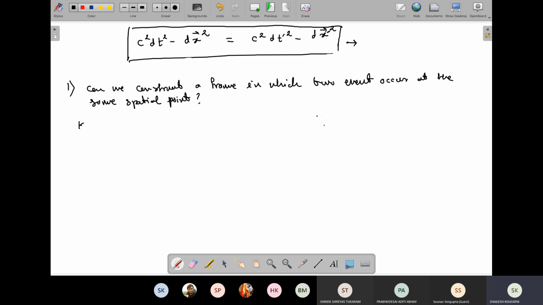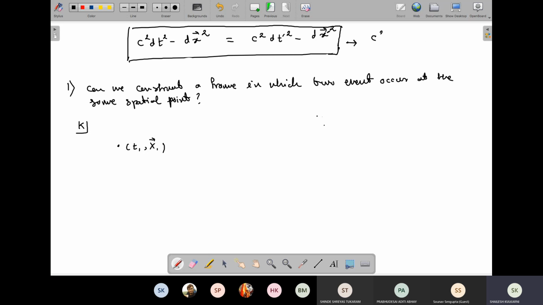Suppose I have the K frame, and in the K frame, let us consider two events, t1, x1. Before going into this question, this is the infinitesimal version of your intervals, but you can obviously write the finite version.